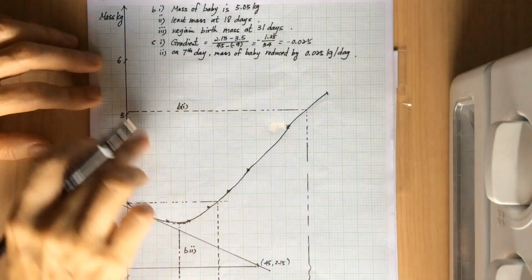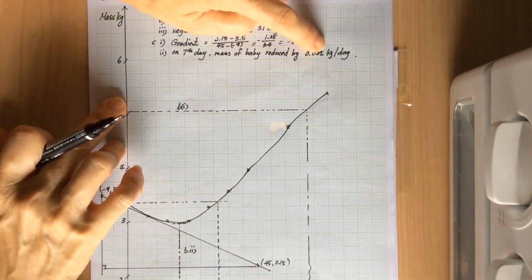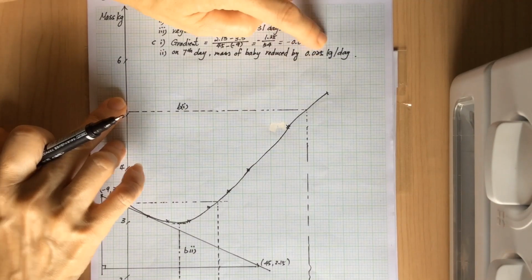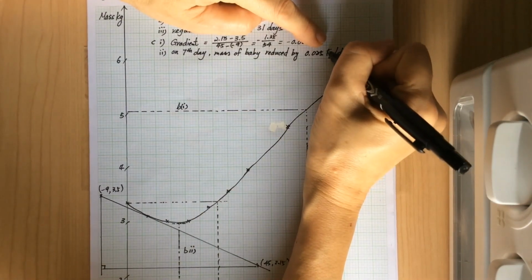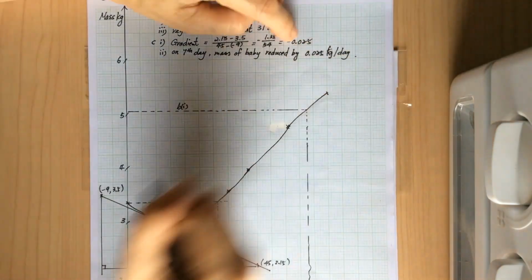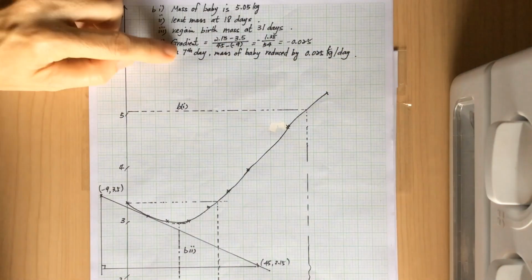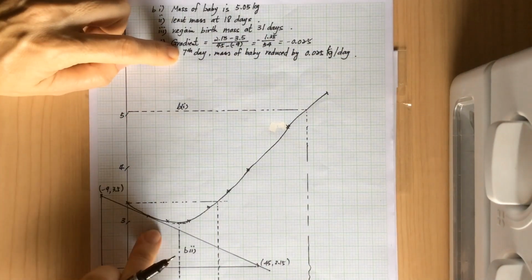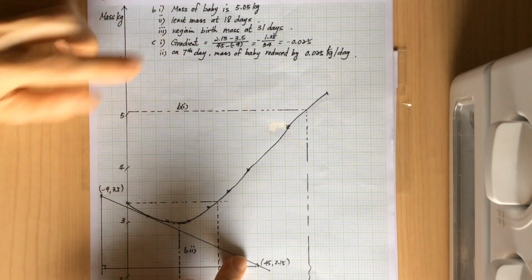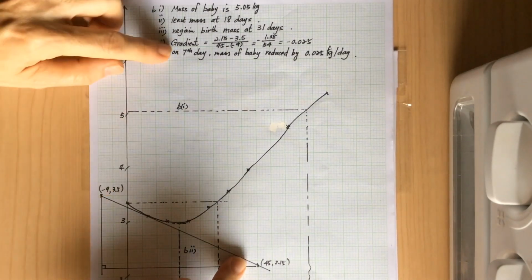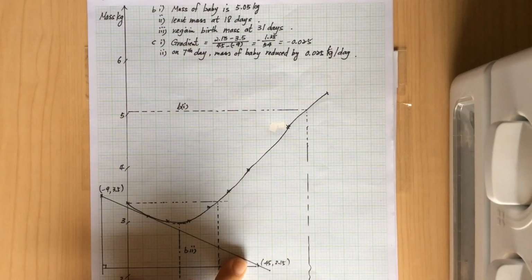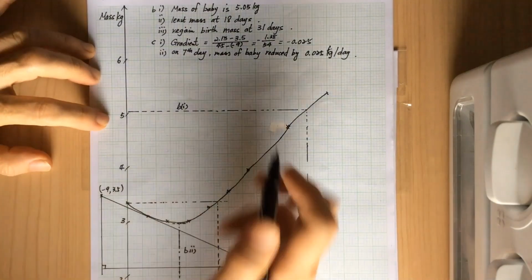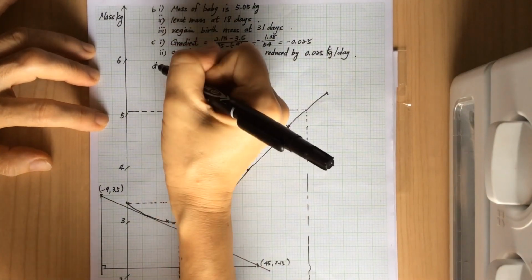Take note, I already say reduced, so I don't put negative here. And then this is kg per day, only at day 7. So at day 8, day 9, day 10 it is all different. So we are finding the gradient at one specific point.